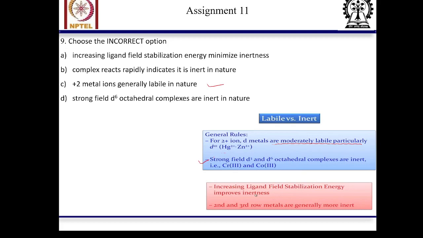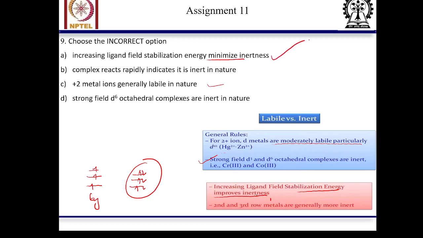The reason here is that strong field d3 and d6 octahedral complexes are inert because they have the most symmetric structure. This is for t2g3, and if we take t2g6, it will be like this. So they will be inert. They have no antibonding orbital electrons. Increasing the ligand field stabilization energy basically improves the inertness, but this option says it minimizes the inertness.